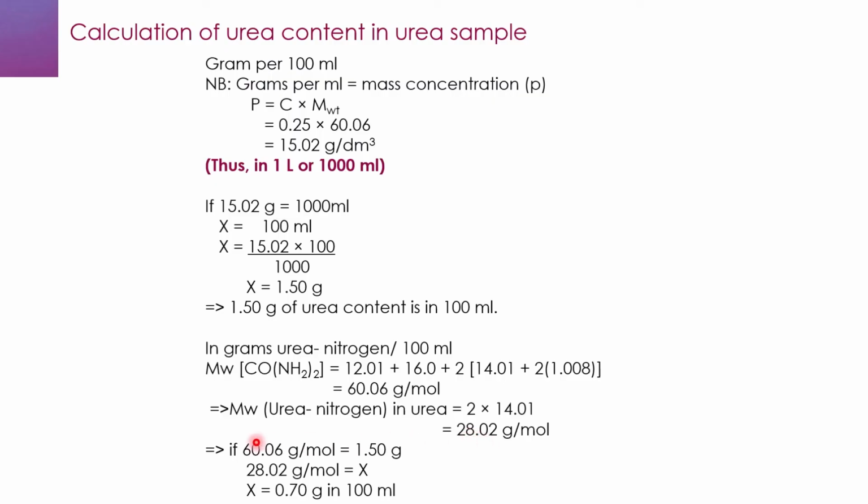So what we have to note is that if 60.06 grams per mole is in 1.50 grams, then 28.02 grams per mole will be in what grams? If you cross multiply, we will get 0.7 grams in 100 mils. What it means is that the mass of the nitrogen present in the urea in 100 mils is 0.70 grams.